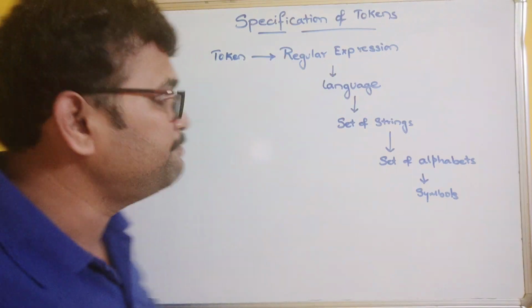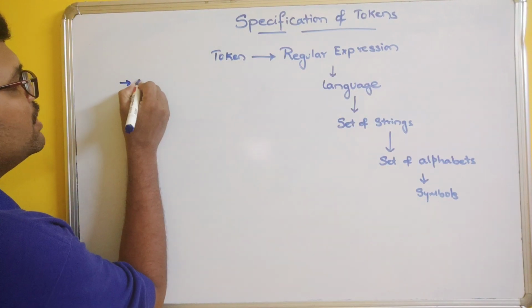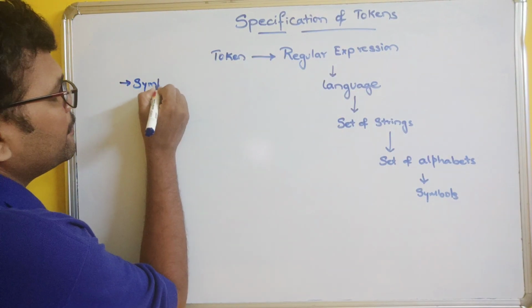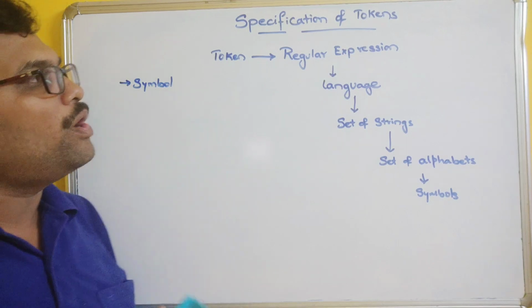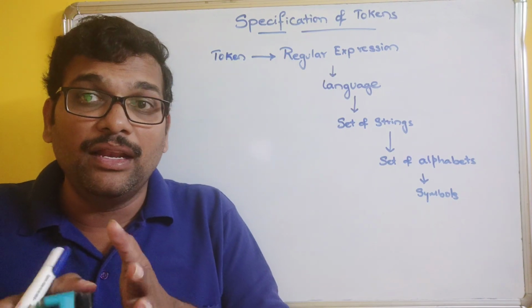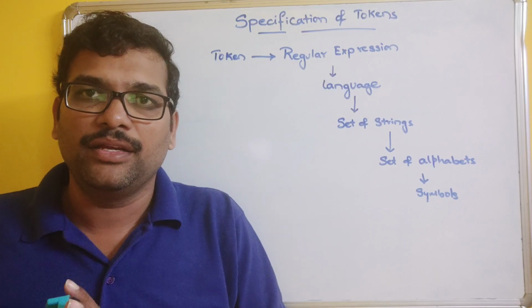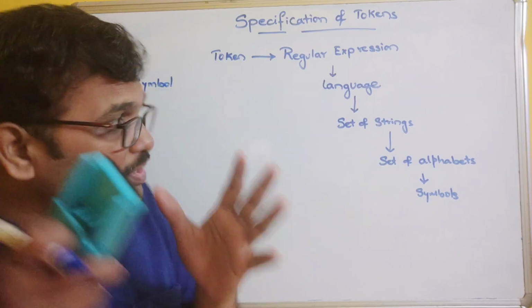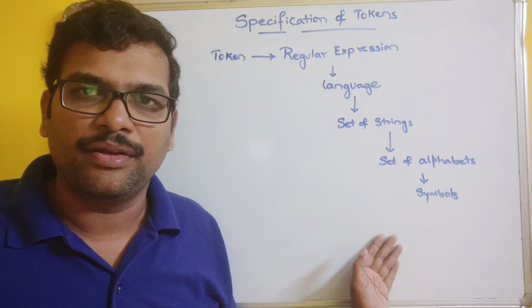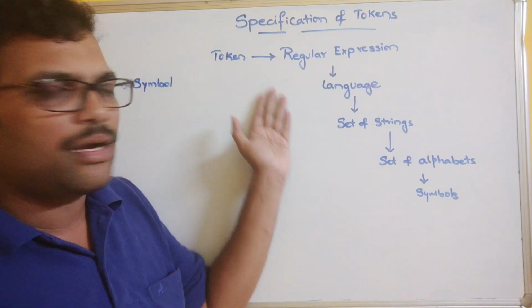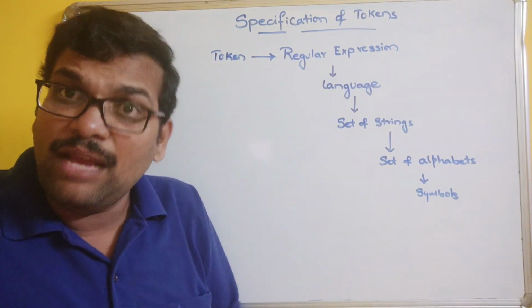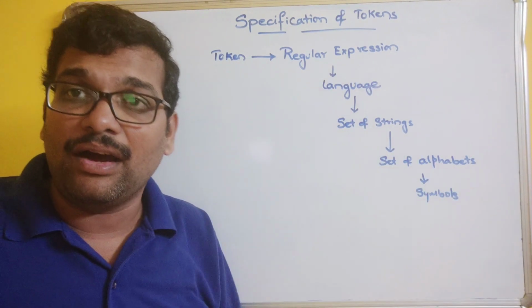So what is a symbol? The first one is a symbol. If you are watching this session, you might have learned about automata theory. In that automata theory, we have learned everything. These are the same terms which we have used in automata theory.